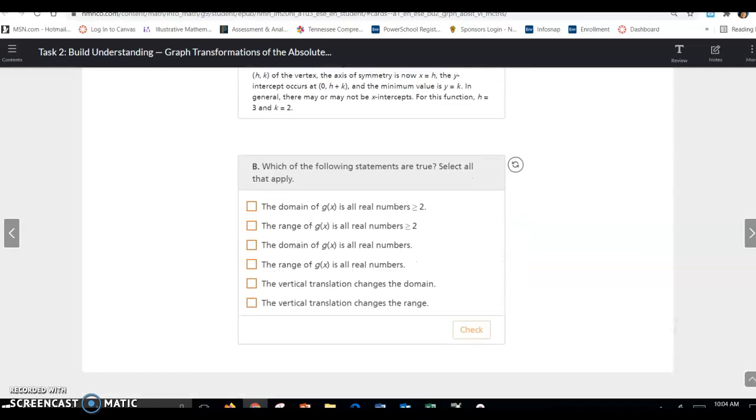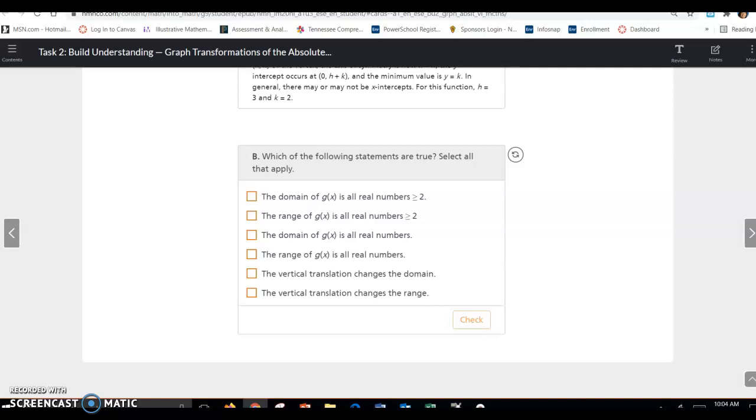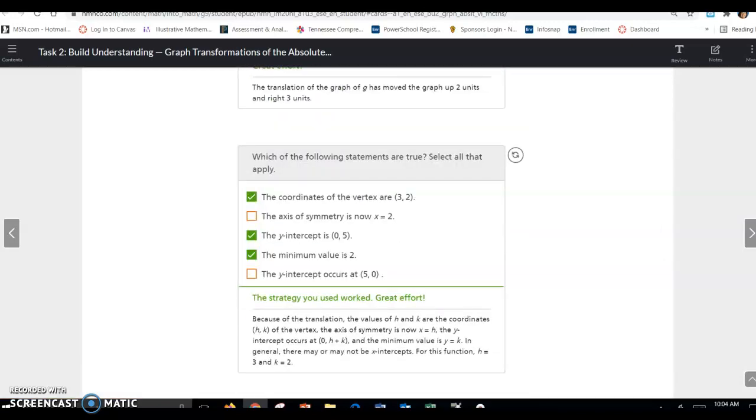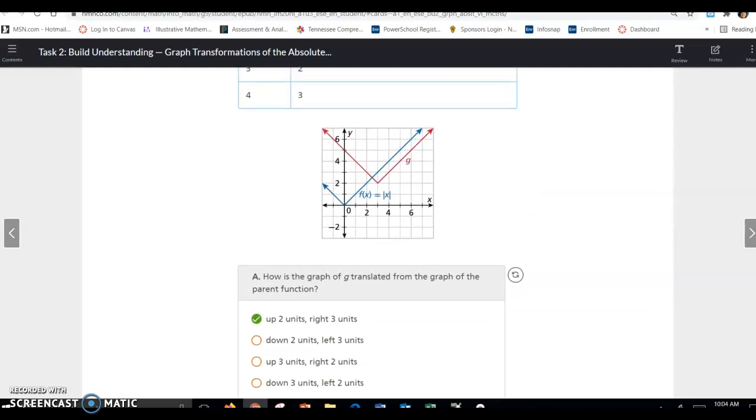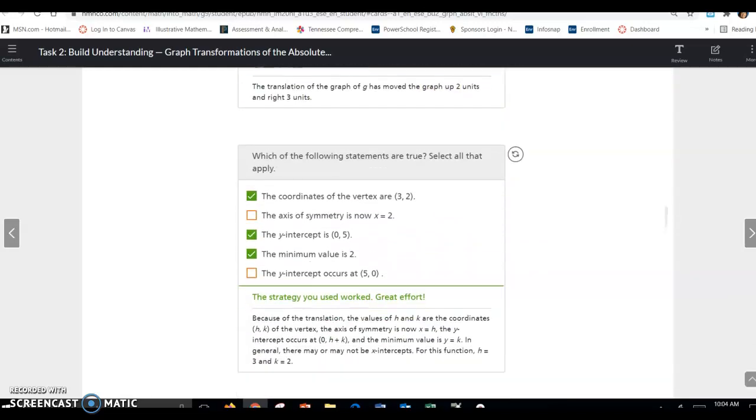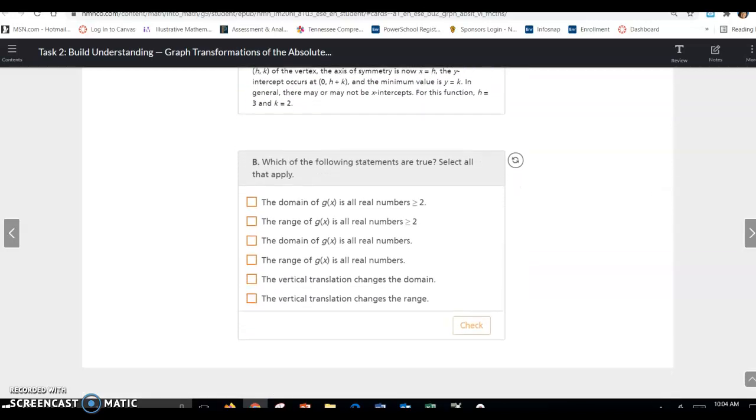All right, which of the following statements are true? Select all that apply. The domain of g of x is all real numbers greater than or equal to 2. Just like the parent function, we show the domain goes left and right forever with arrows. That means the domain is all real numbers for both the parent function and the translation. So that is not correct.